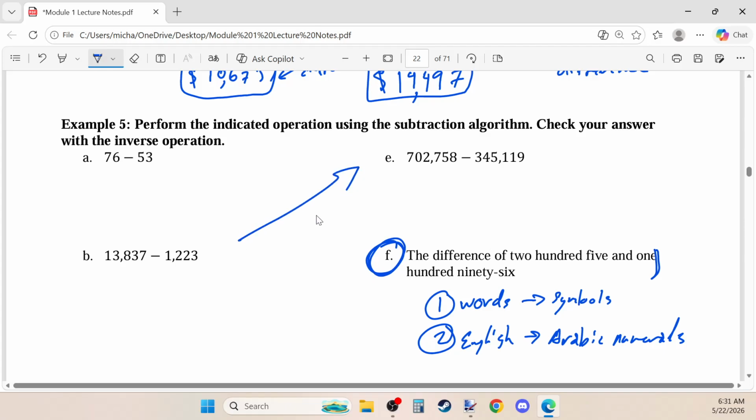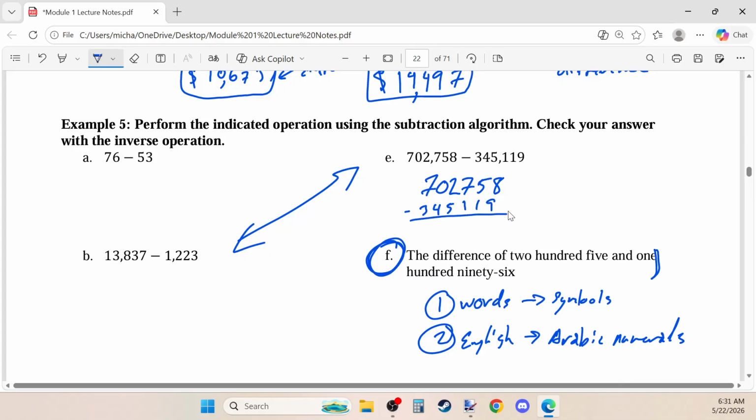Let's do these ones together. So I subtract by taking the first number and putting it on top. 702,758 minus 345,119.